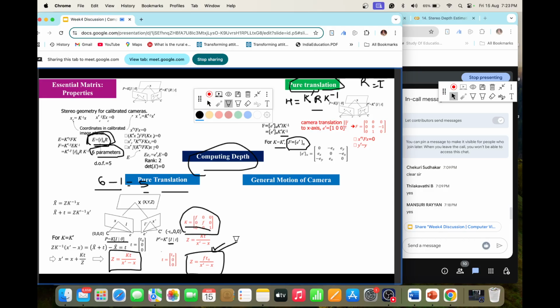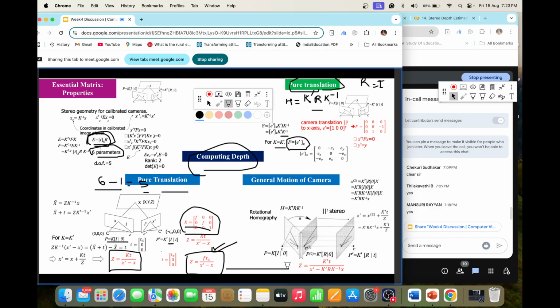Now in case it is not a case of pure translation, so you have r here. Then this depth formula is converted to this, that is k dash t divided by x dash minus k dash r k inverse, that is nothing but your h matrix, h pi matrix into x. So if it is pure translation, then it is very easy.